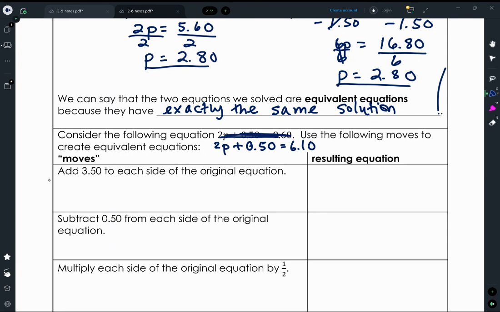Okay, so if I add 3.50 to each side of that, that means I have 2P plus 0.50 equals 6.10, and then I want to add 3.50 to both sides. So now I would have 2P plus 4 equals $9.60. So that would be my resulting equation.